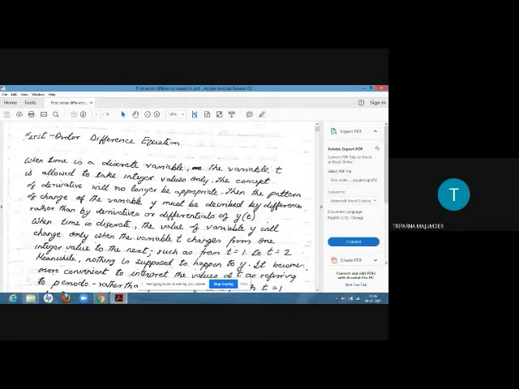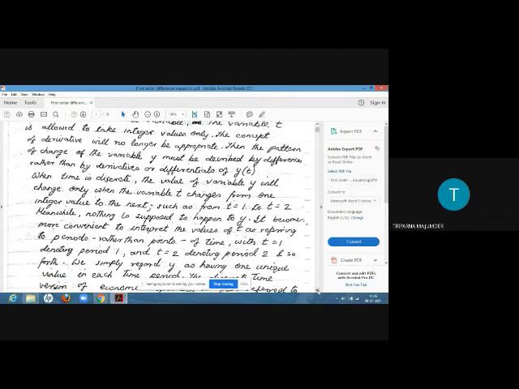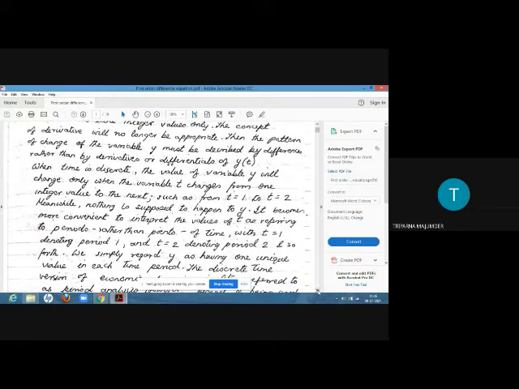Now, when time is discrete, the value of variable y will change only when variable t changes from one integer value to the next. For example, when t changes from t equal to 1 to t equal to 2, meanwhile, nothing is supposed to happen to y.